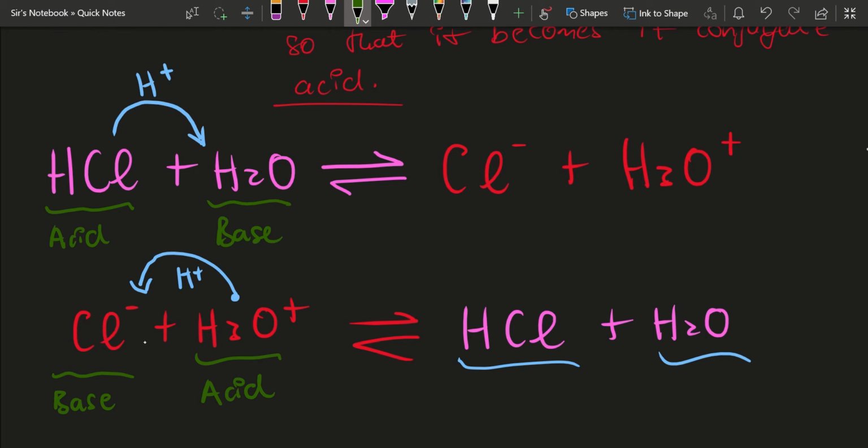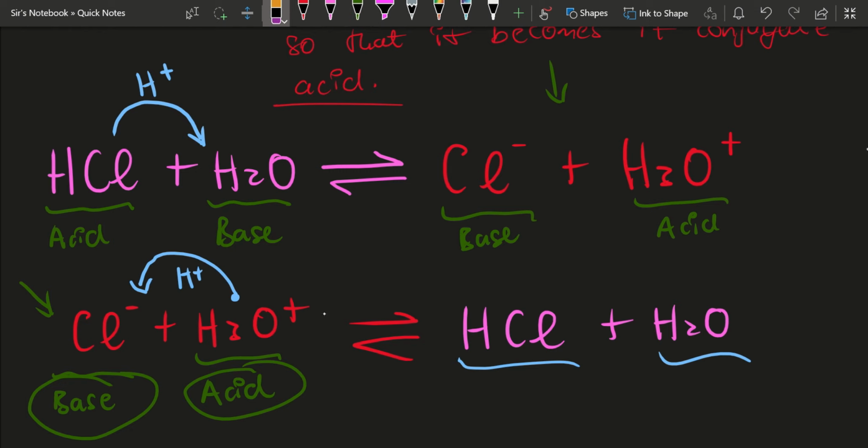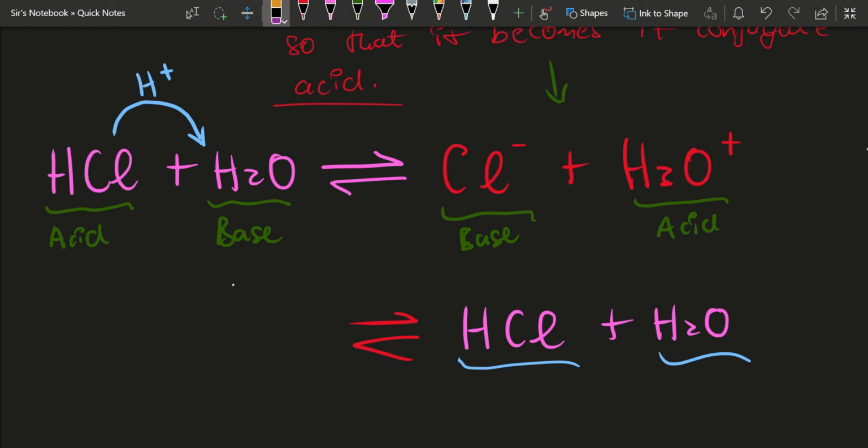Similarly, this one is basically the same as that. So this one, remember, is our base, and this one is our acid.